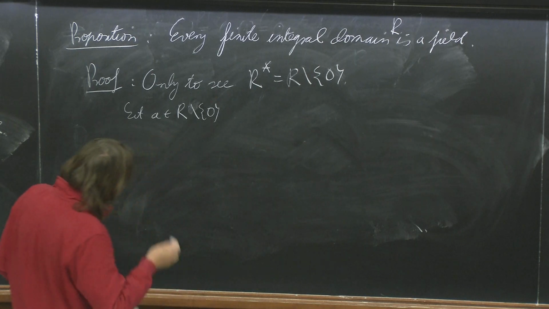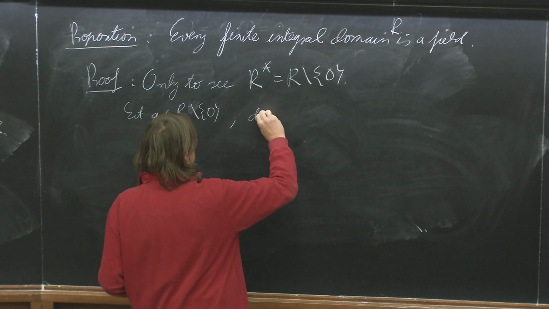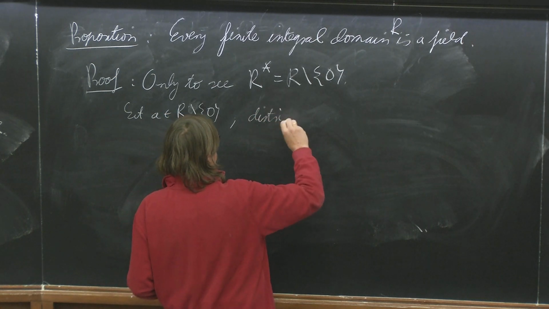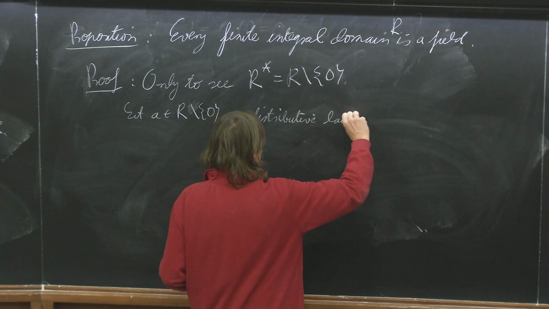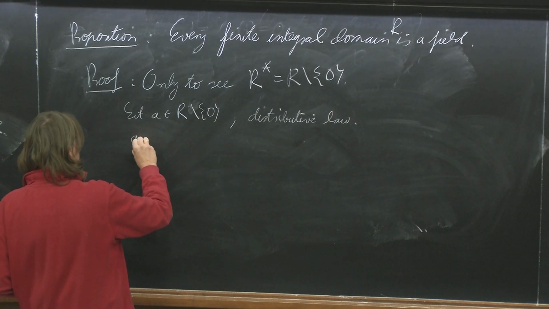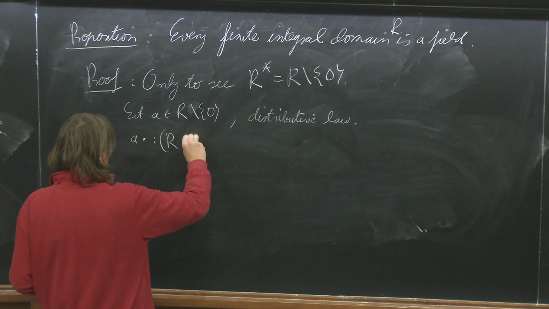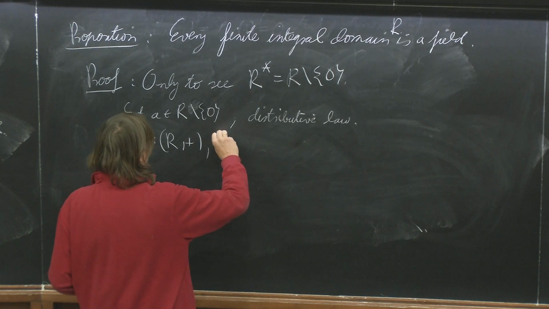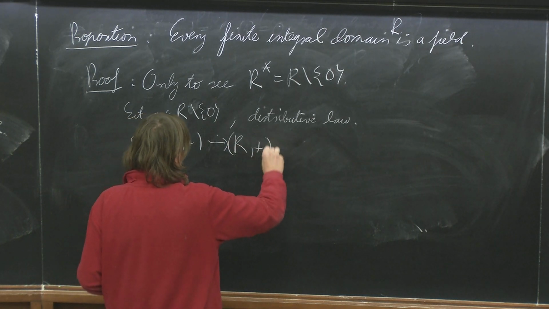So we can look at the distributive law. The distributive law says, I think I mentioned this in the beginning, that the multiplication by A from R with addition to R with addition is a group homomorphism.